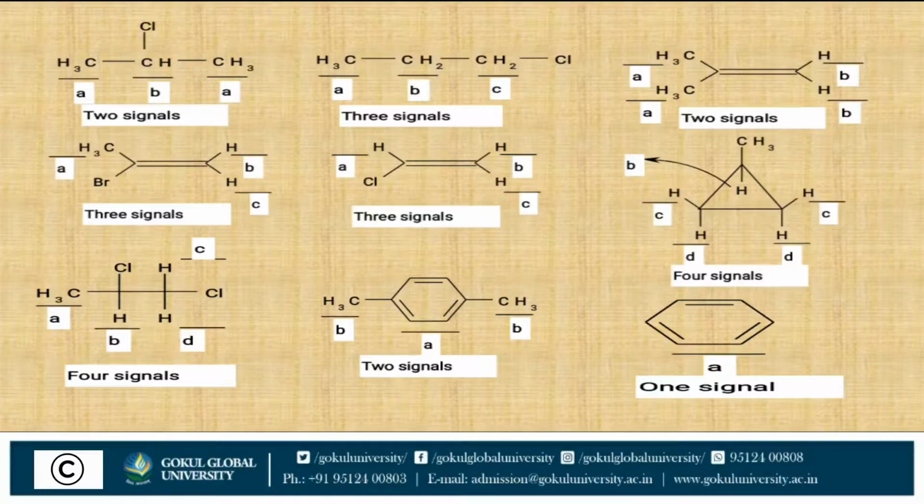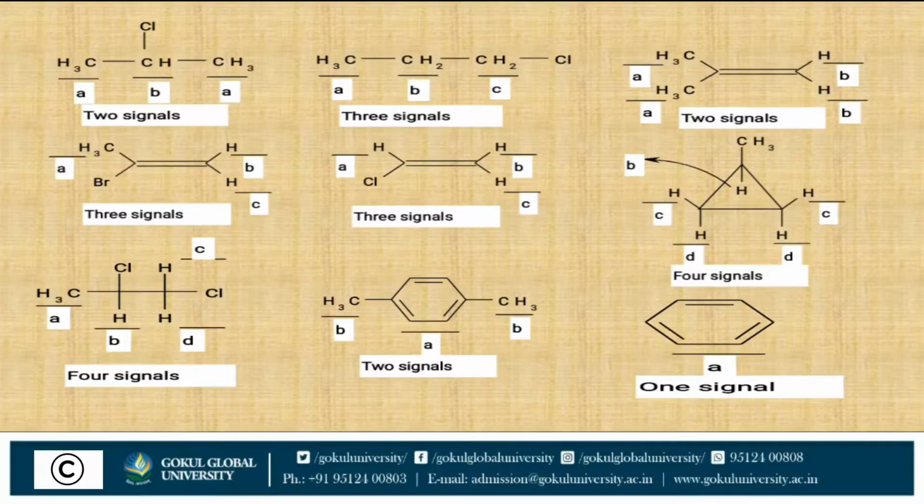In another example, two hydrogens on the same carbon have different signals, as in 2-bromopropene. But before this, the third example gives two signals because of the presence of a plane of symmetry: the two methyl groups and the two hydrogen groups have the same signal, so it gives two signals.